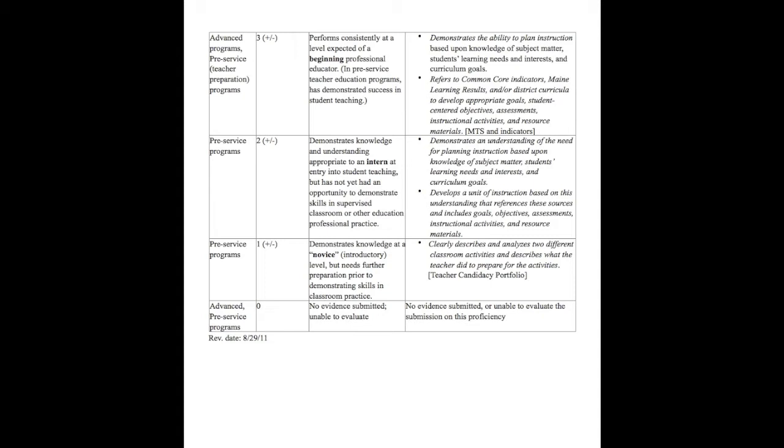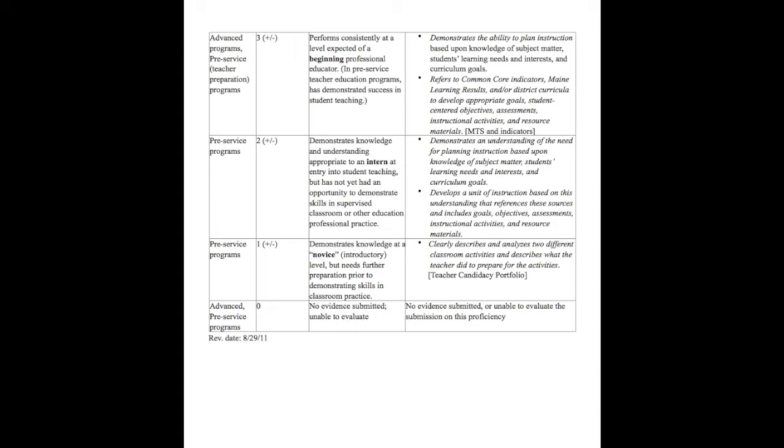The lower range of the scale, levels 1 to 3, generally applies to our pre-service programs and other degree programs where students do not yet have professional or teaching experience. This range tracks students as they move from novice to intern to beginning professional educator.